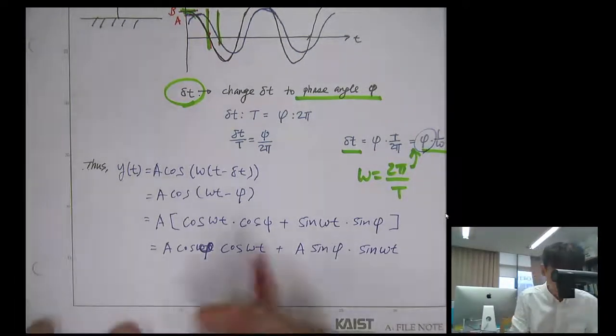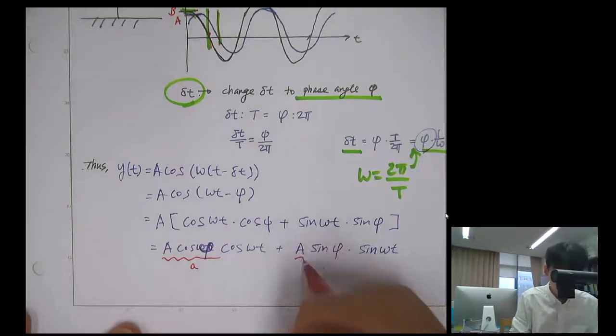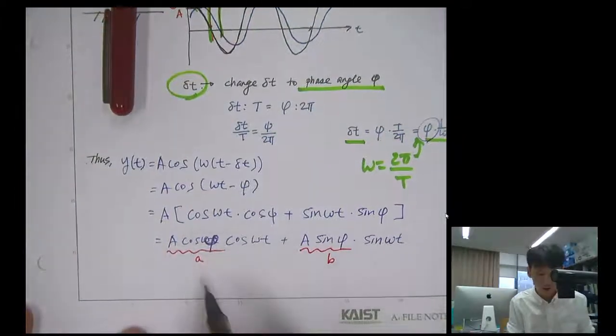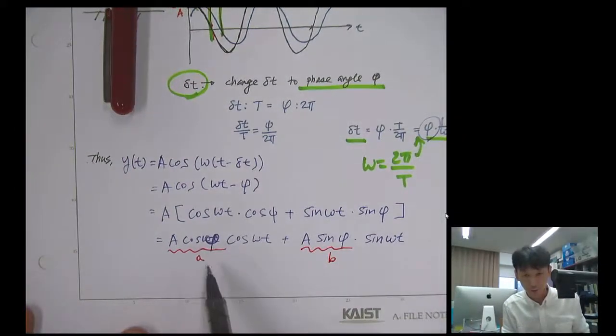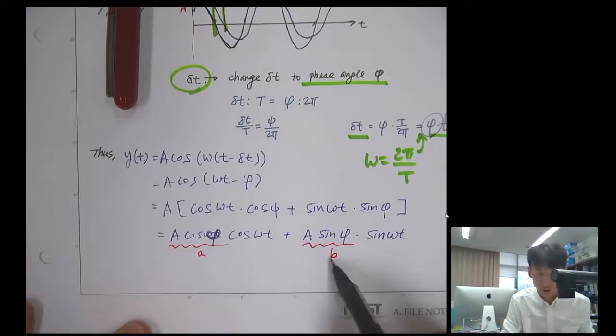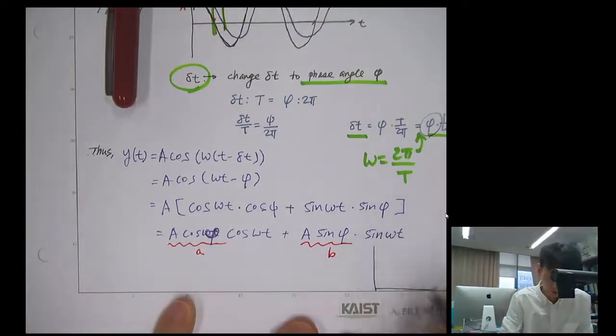Here this can be replaced with small a and small b, and then this will be an amplitude, and this will be another amplitude orthogonal to this term. So it will be like a complex number.